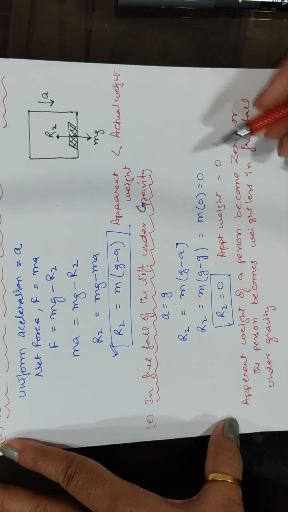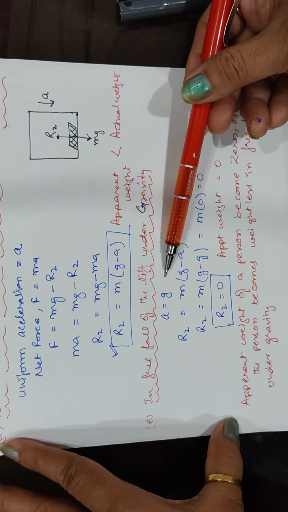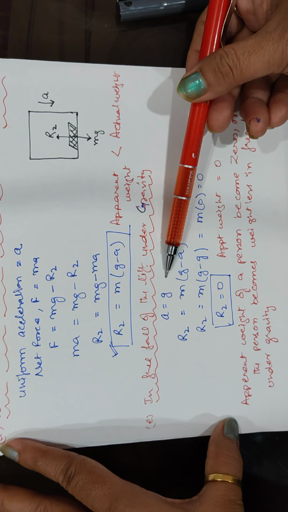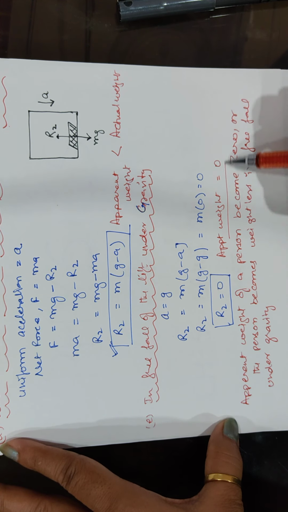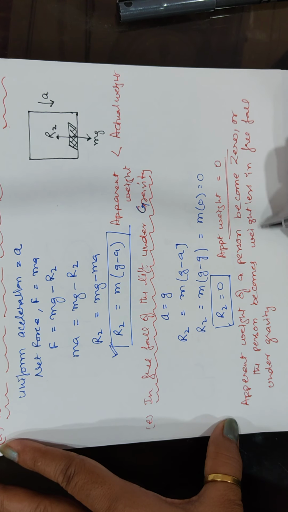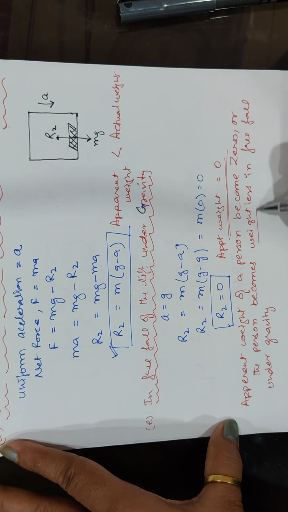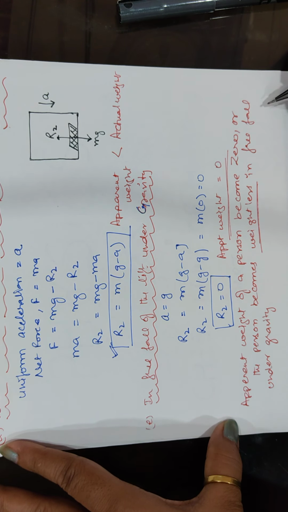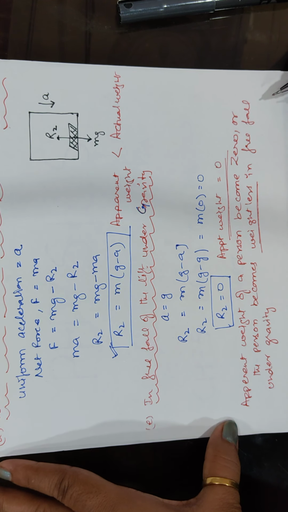So whenever the lift is falling with the gravity, the acceleration is equal to g, that person's apparent weight becomes 0. It feels like there is weightlessness in the body under the free fall condition.